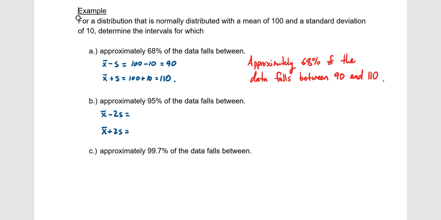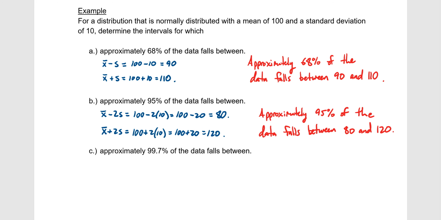That's going to be 100 minus 2 times 10, which is obviously 100 minus 20, so that gives us 80. Could have just subtracted 10 from the one that we just did up here also. For the next one, we have 100 plus 2 times the standard deviation. So 100 plus 20 gives us 120.